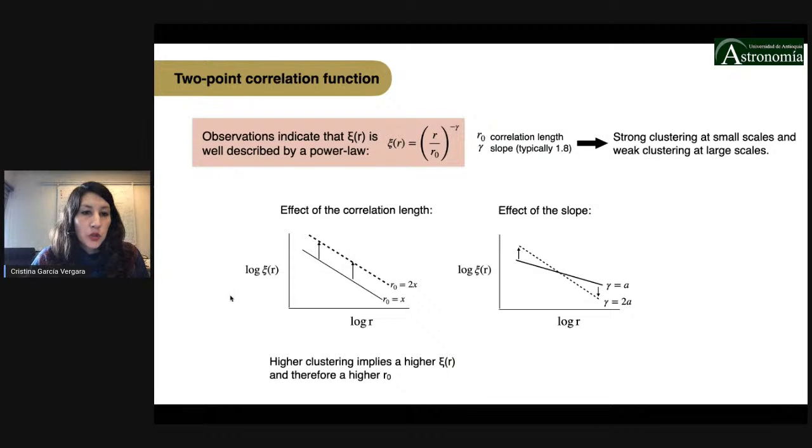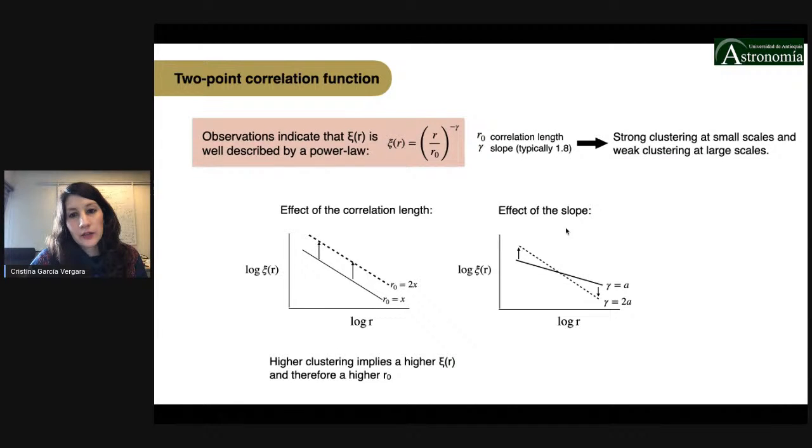To show you more how the effect of different correlation length or different slope works for this function, I'm showing here the plot of the correlation function as a function of the distance between 2 points. If you have a higher correlation length, you basically have a higher amplitude in the clustering. Then this basically moves the plot up or down.